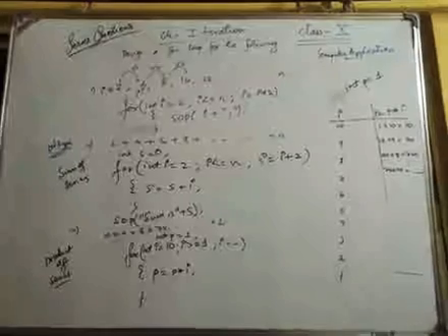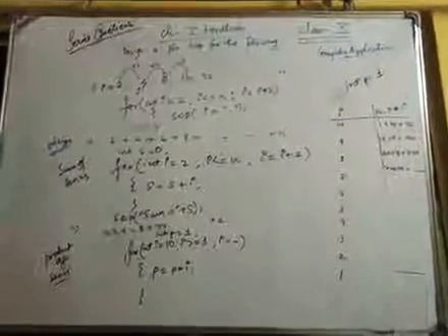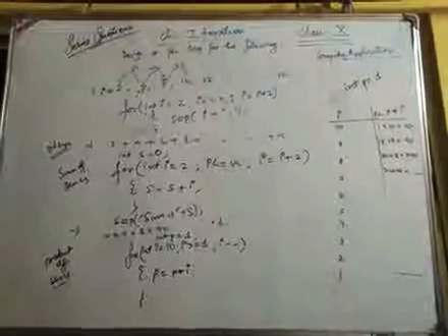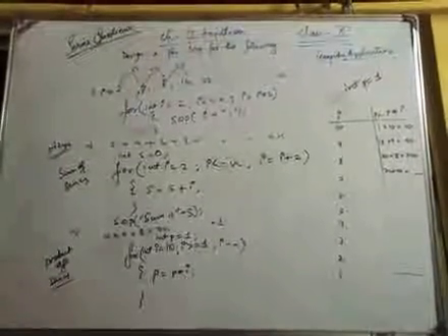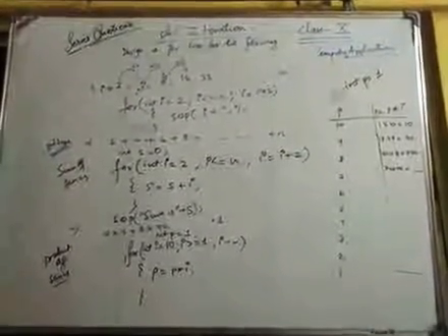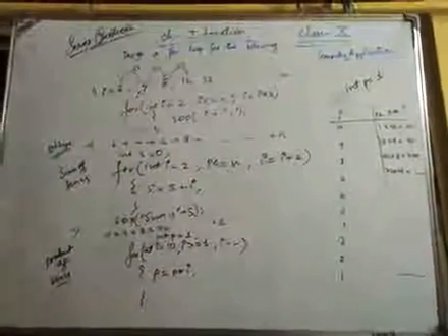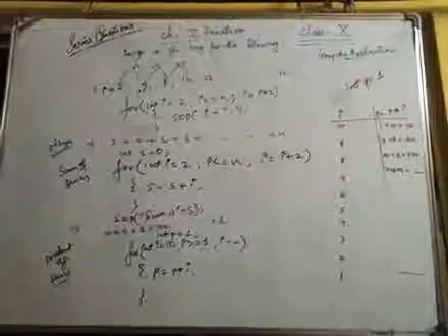Clear? Next is 90 into 8, which will be 720. Then 720 into 7, and whatever product is coming will be written that way. So it will keep on multiplying till the last value of 1, and hence we will get the total multiplication of the terms from 10 to 1 according to the question.